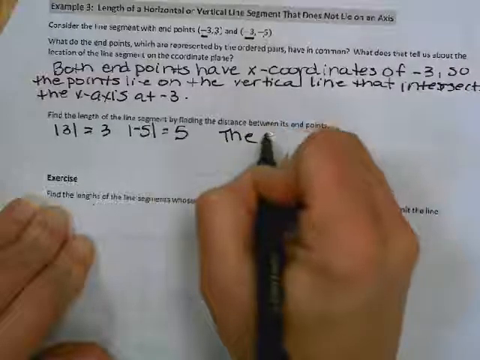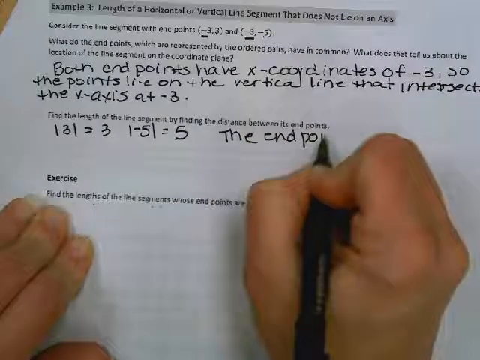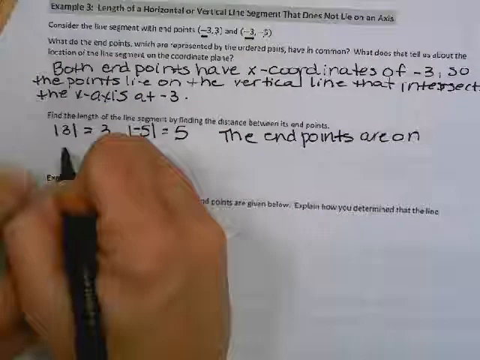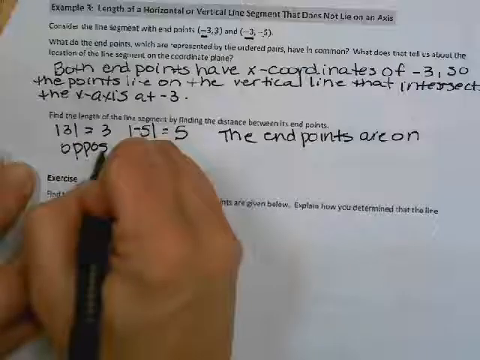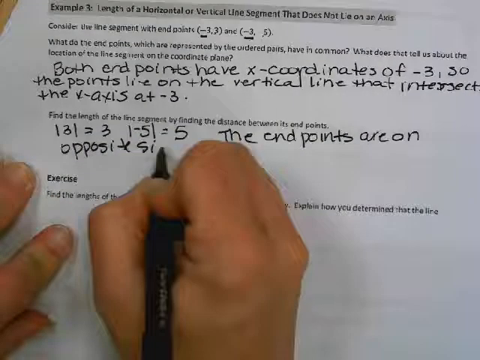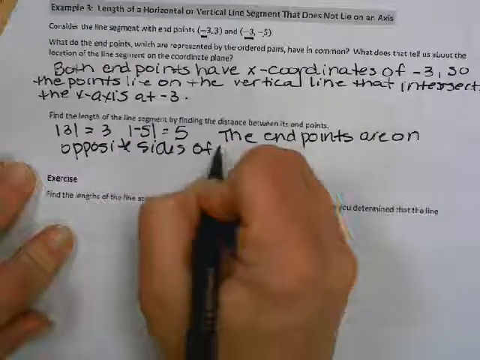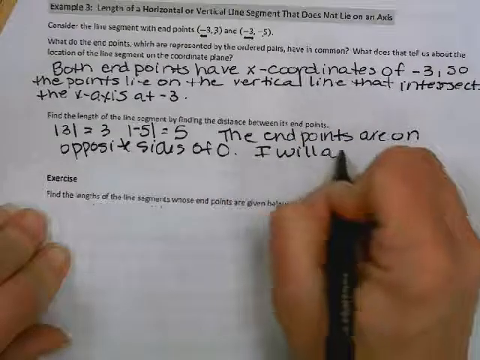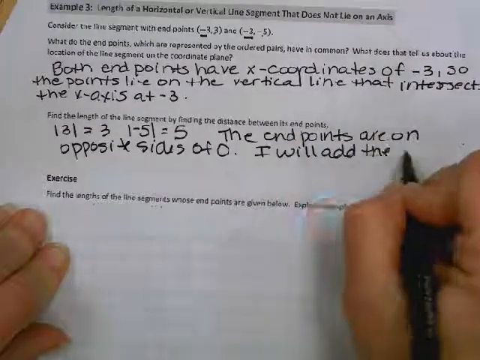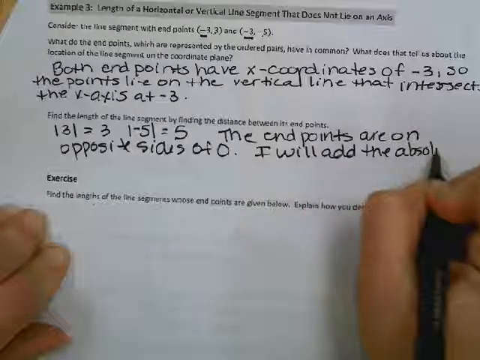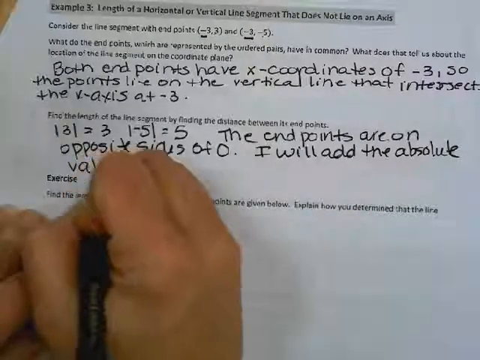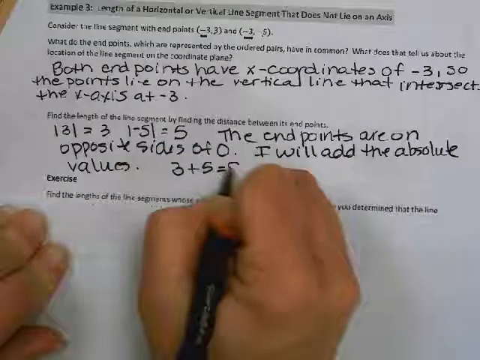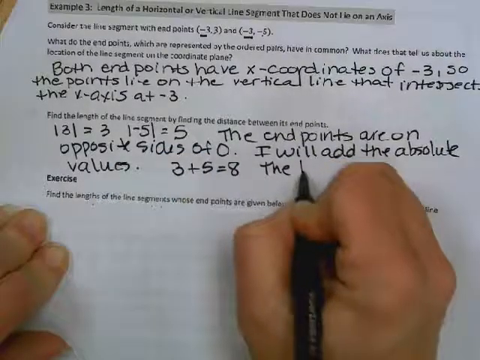So I'm going to say the endpoints are on opposite sides of 0. I will add the absolute values. 3 plus 5 equals 8. So the length of the line segment is 8.